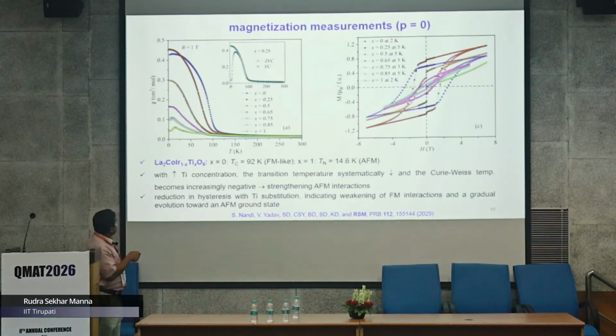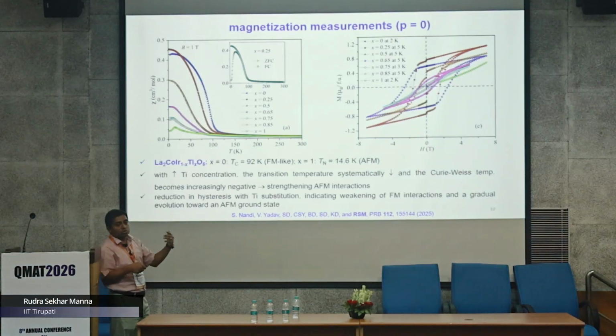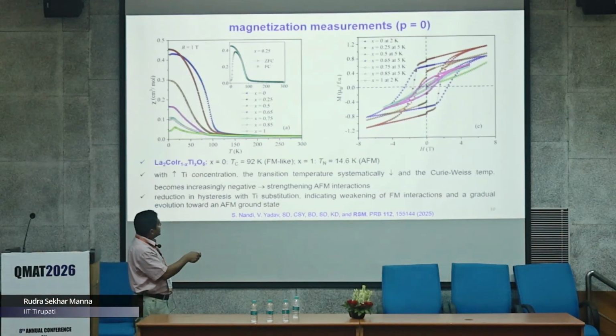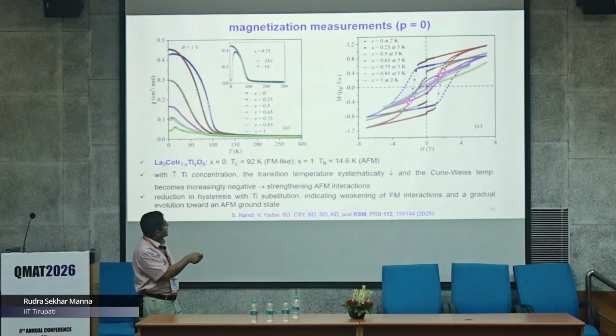Now I take the magnetization, M versus H, at constant temperature. That means when you are below the Tc, you do the MH curve. The blue curve at x equal to 0 is measured at 2 Kelvin, way below the critical temperature. Then you see it is not perfectly saturated.